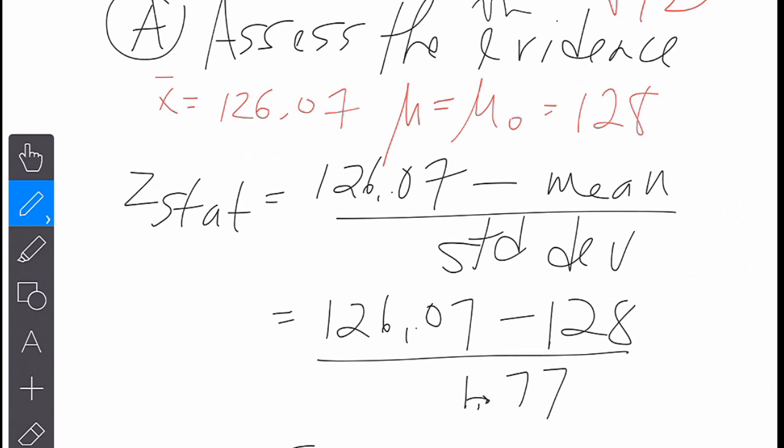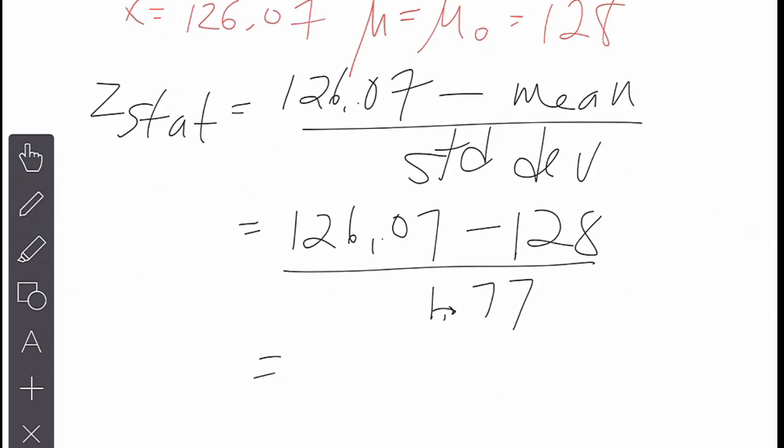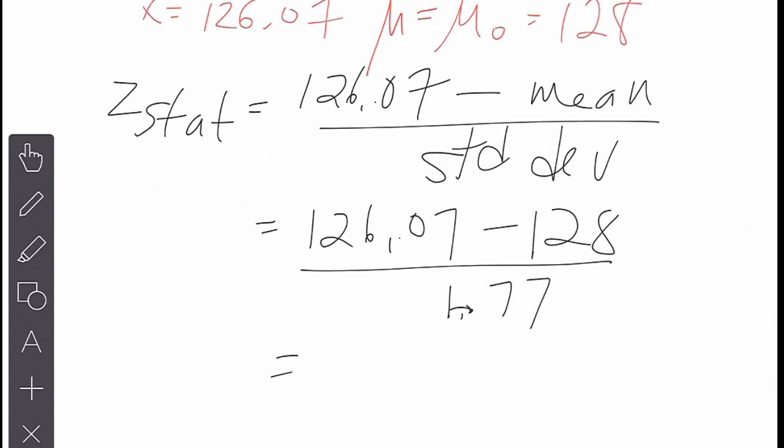So punch that in, and you'll see that 126.07 minus 128 divided by 1.77 gives you negative, so it is a negative, right, because it is smaller, so it's going to be below the mean, but by just 1 standard deviation. To be more precise, it's 1.09 standard deviations below.